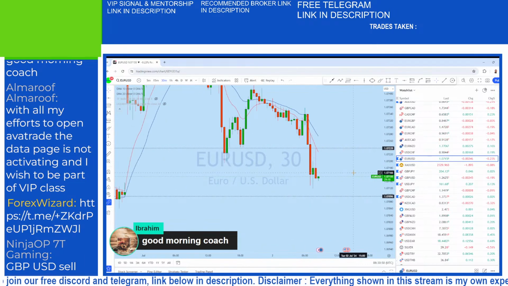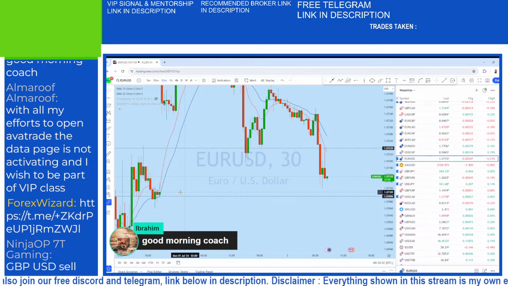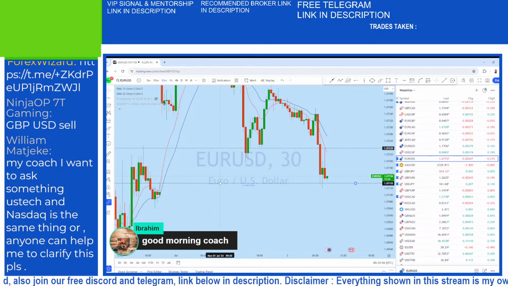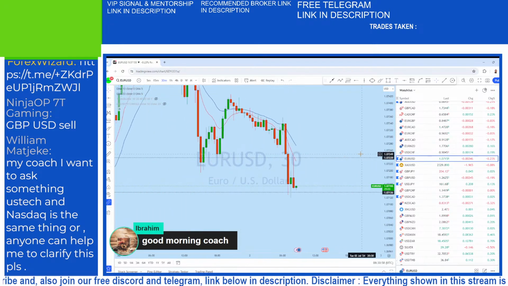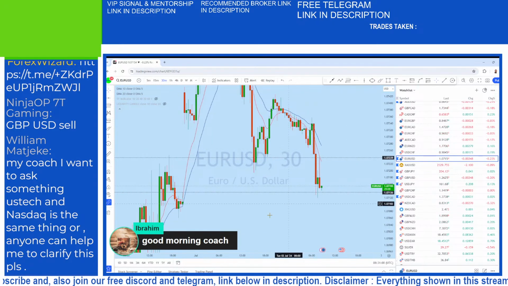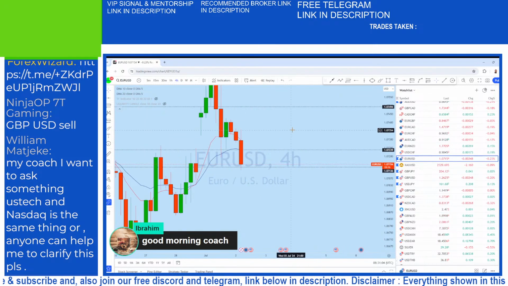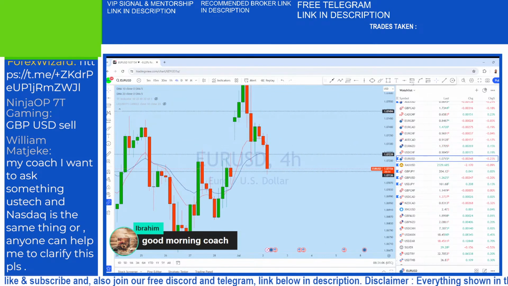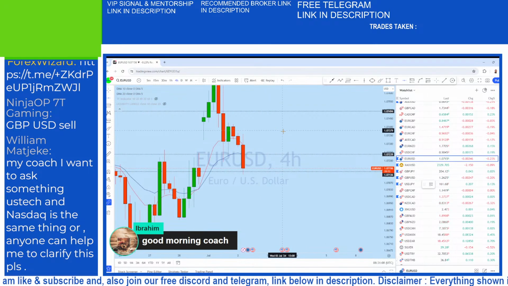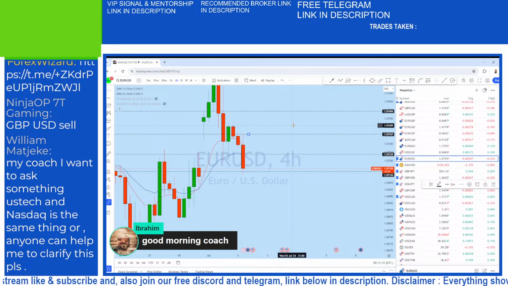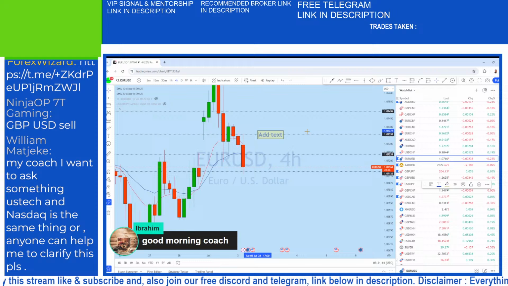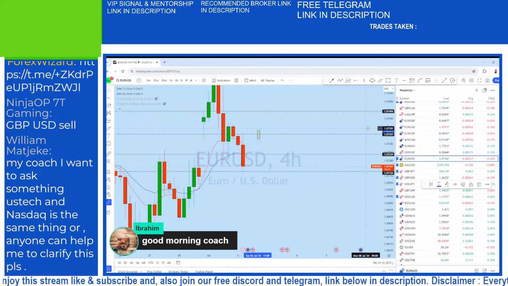Euro dollar, I think we might find this is a gap opening. If you look here, you can see the market has just come to fill that gap. Let's see if we can find a good opportunity here, if Euro dollar is going up to hit that level, which is the 1.0735 level.